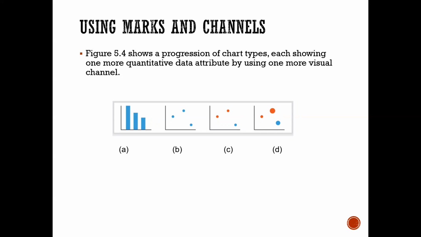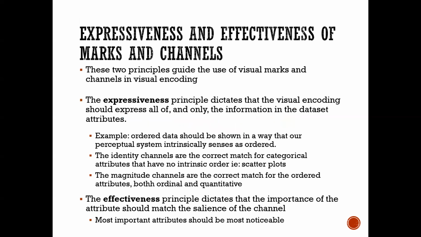The scatter plot uses a point as a mark for spatial position, making one quantitative attribute for position, and adding hue or color, we now have a second quantitative attribute, although it's a bit difficult to see that. By adding another color in part C, we now have three quantitative attributes, and by adding size in part D, we now have four quantitative attributes. So we can keep adding attributes by adding more channels.